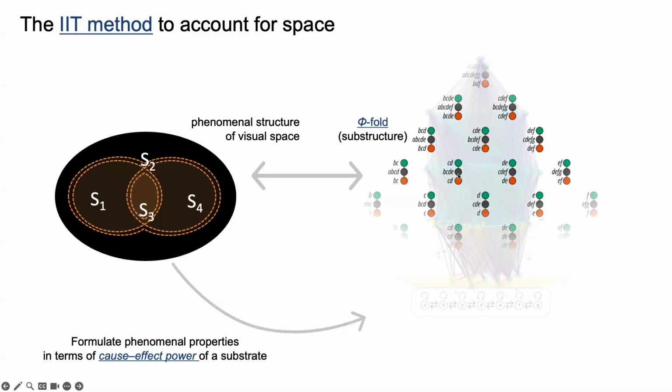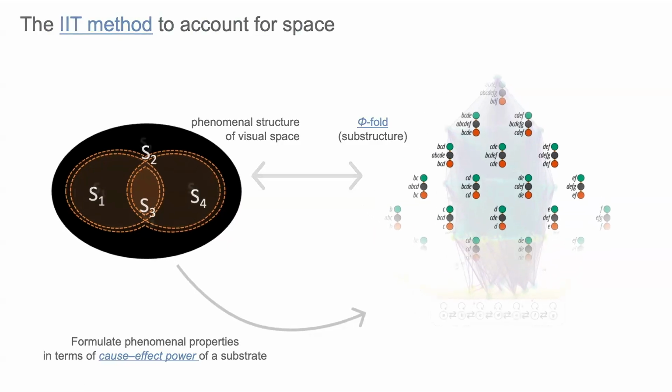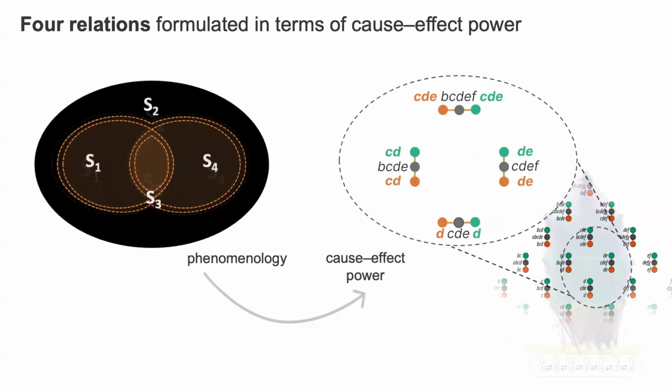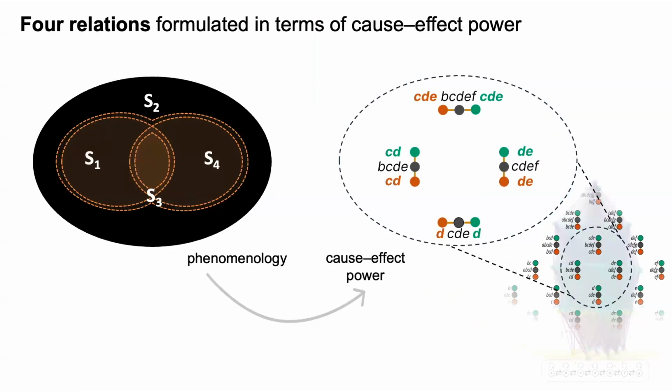You have in black the mechanism, in red the cause, and in green the effect purview, and they have some elements in a state. In this case, the grid is all off, all the purviews are all off. And then what you can do, in this case, I am zooming into 4 causal distinctions that are supposed to be the counterpart of the 4 spots, S1 to S4, that I've been using in the phenomenological depiction of the properties of space.